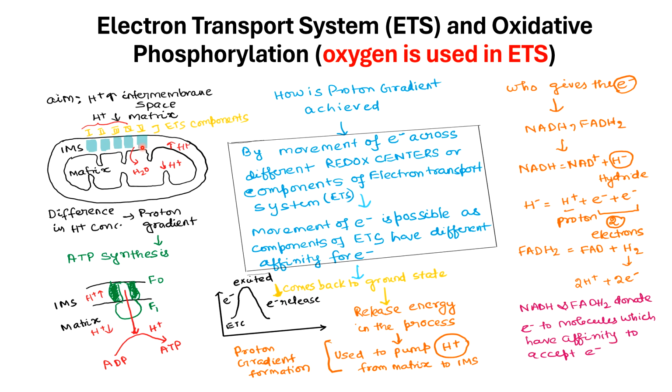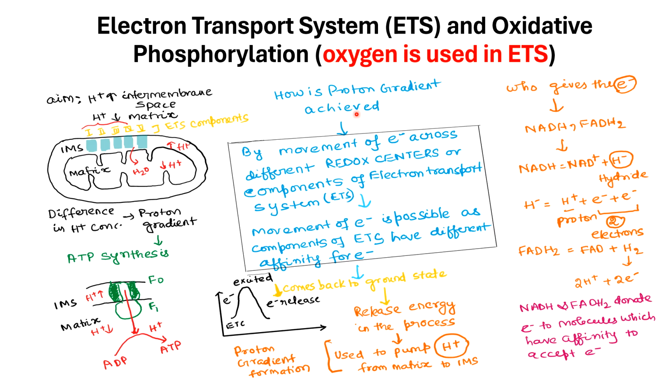Okay. Finally, the electrons are accepted by the oxygen, which is reduced to water, and oxygen acts as the final electron acceptor, and water is produced. So in the fourth complex, oxygen comes as a major player and the final acceptor of the electrons, and the proton gradient which is hence formed helps in making the ATP. I hope the concept about ETS is clear.